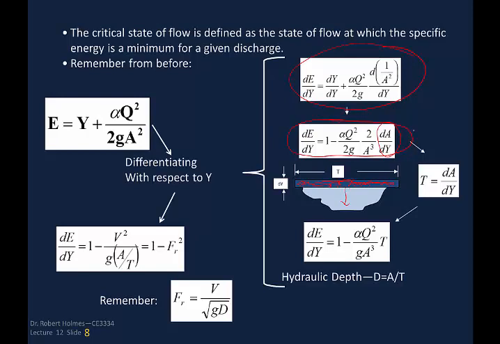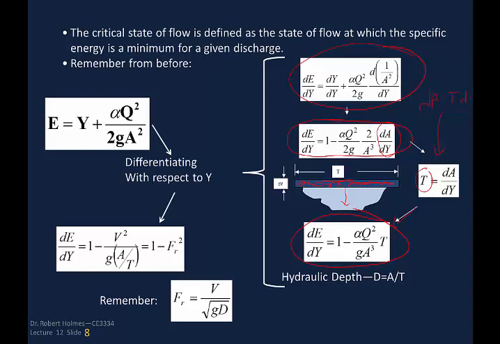But we can rearrange that and say that dA is equal to T times dy. So I can say that the top width is equal to dA/dy, and I substitute the T in for that dA/dy, and I come up with this expression for the differential of the specific energy with respect to y.